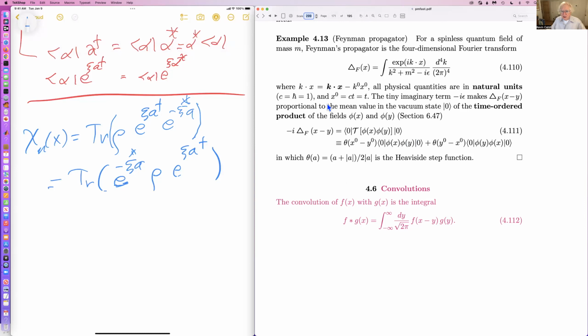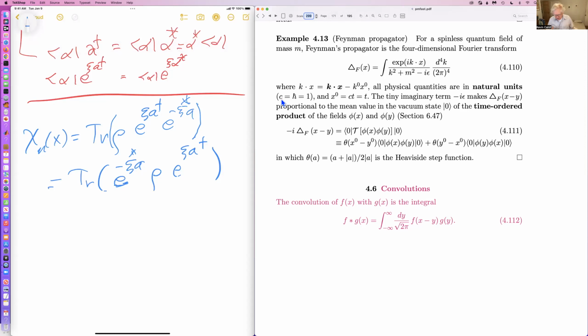Now, here I'm using what are called natural units, which are explained in a chapter I'll post on the class website. If I remember, I'll post it tonight. Anyway, natural units are where you set c and h bar equal to 1.